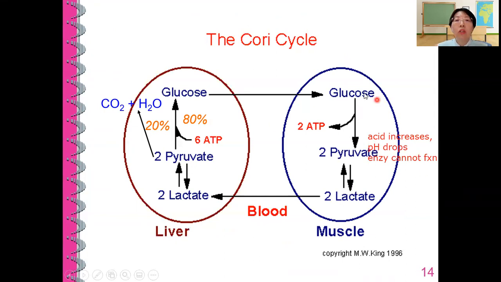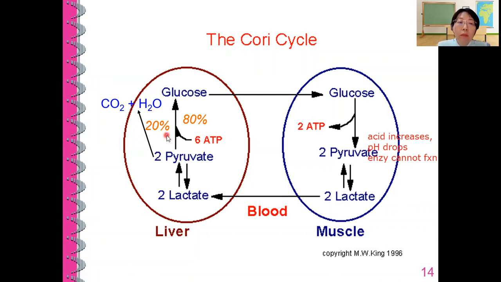So this diagram here shows you the Cori cycle. On the right side is the muscle, left side is the liver. This right side process is the anaerobic respiration that produces lactate. This lactate in the muscle is transported by the bloodstream to the liver, where whenever oxygen is present, lactate can be converted back to pyruvate again, the original state of the molecule before lactate is formed.